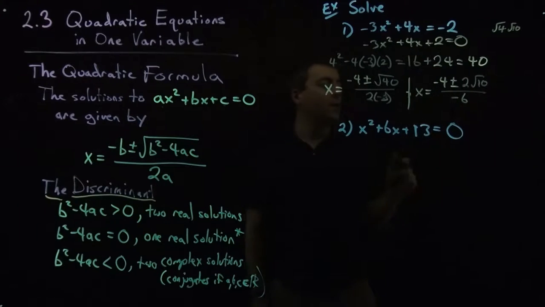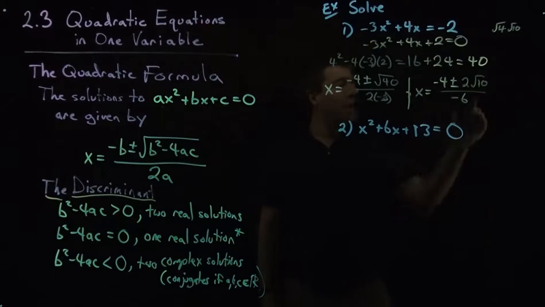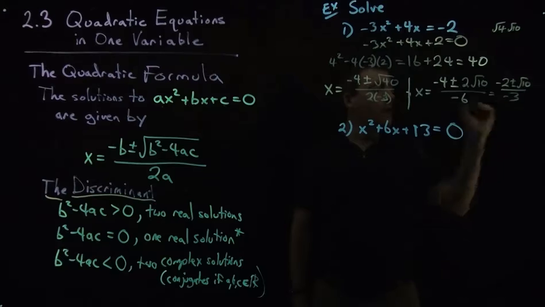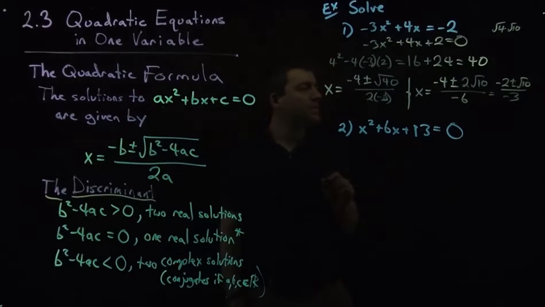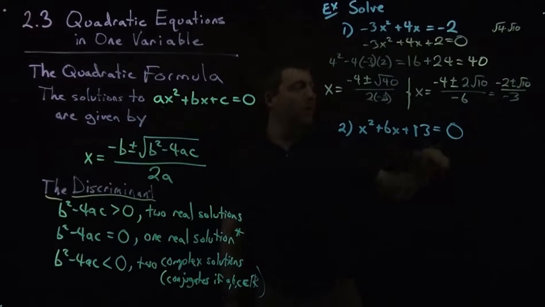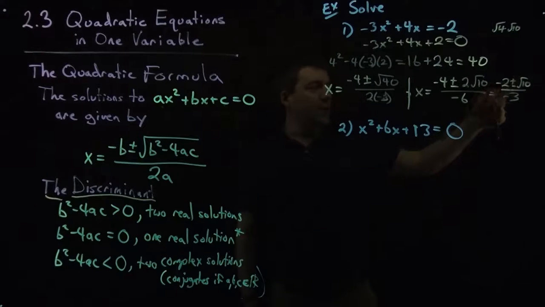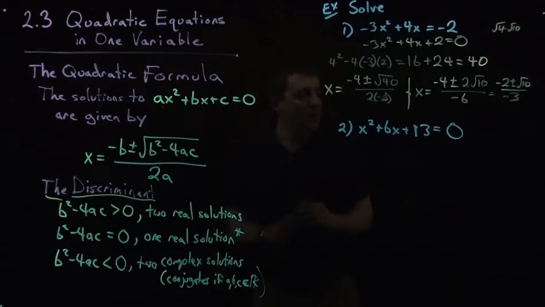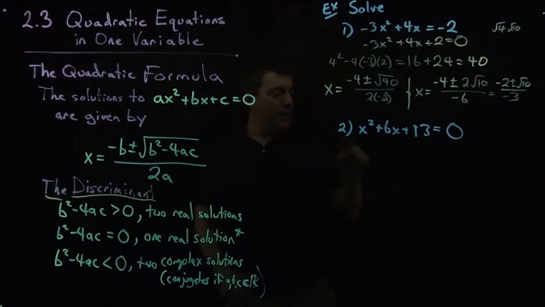All right, now it looks like we can divide out by a 2. So we'll have negative 2 plus or minus the square root of 10 over negative 3. All right, now this of course means negative 2 plus square root of 10 over negative 3 and negative 2 minus the square root of 10 over negative 3. Okay, let's do the next one.